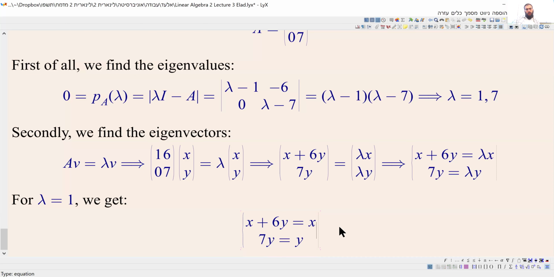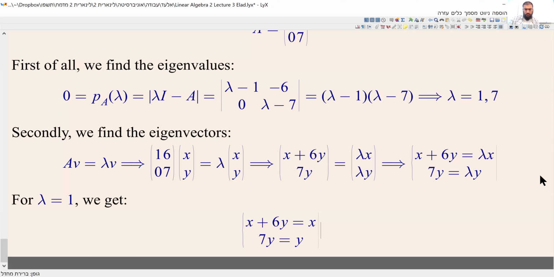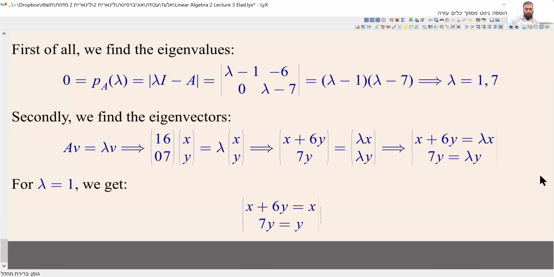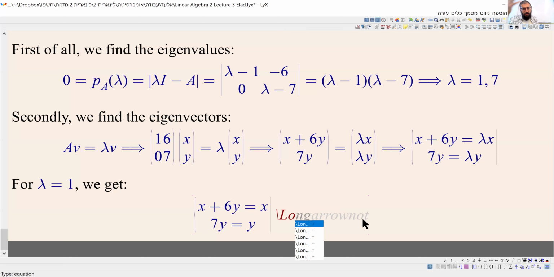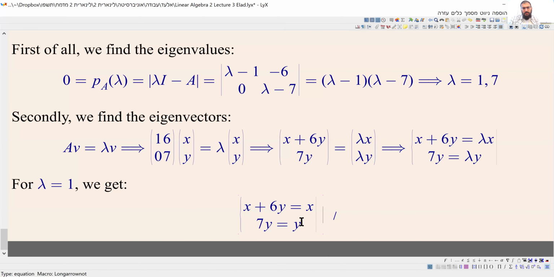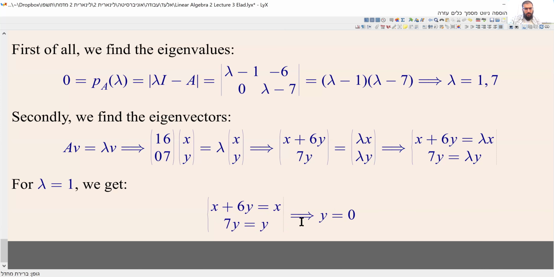So y must be 0, because 7y cannot be y. My default is that F is R, the field of real numbers. One could say, hey, in Z7 it is not right now. So y is 0.